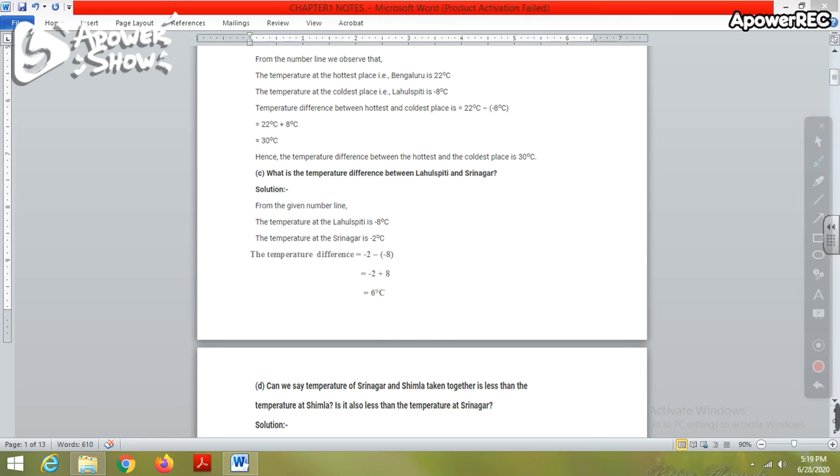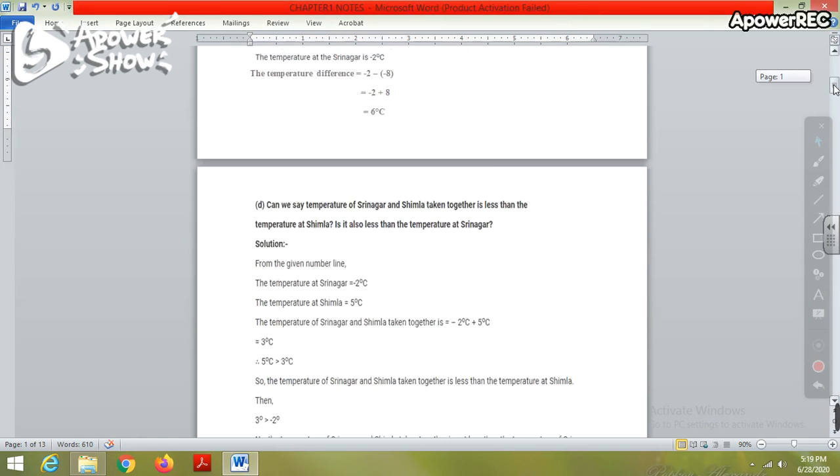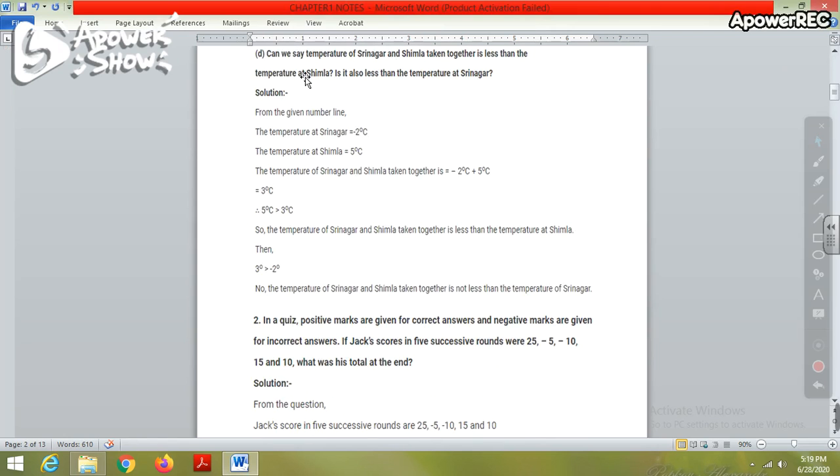Now let's move to the third part of question number 1. Can we say the temperature of Srinagar and Shimla taken together is less than the temperature at Shimla?